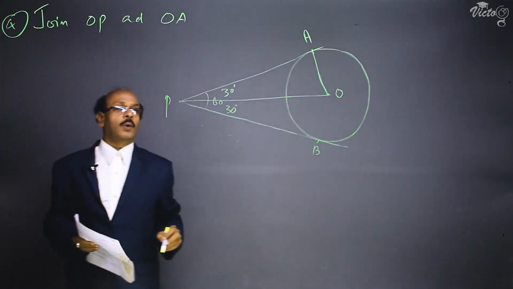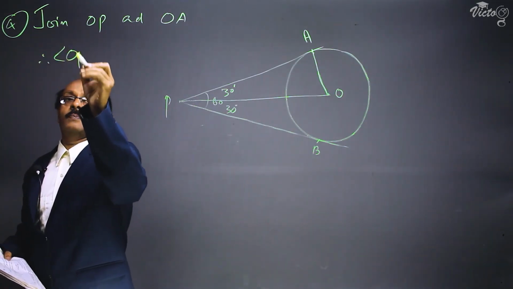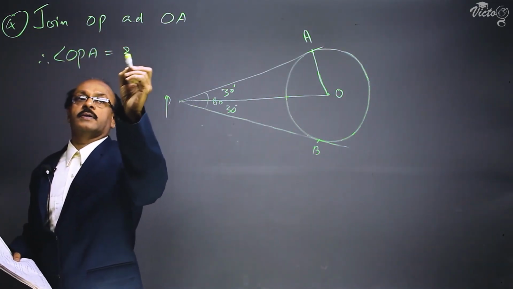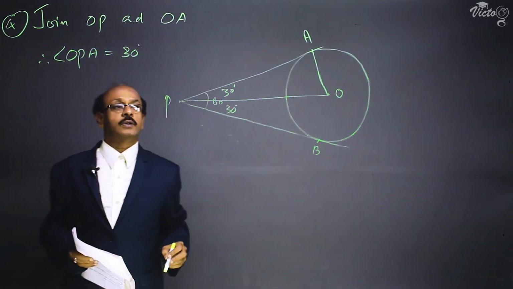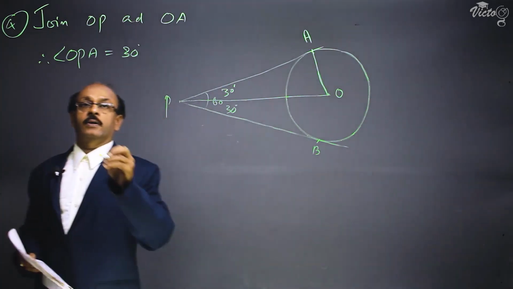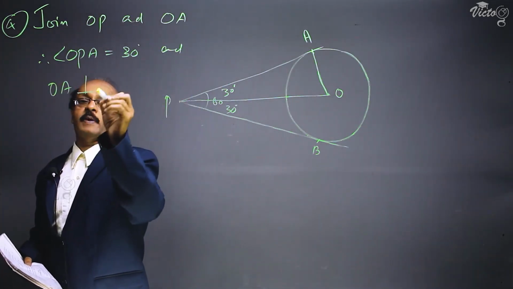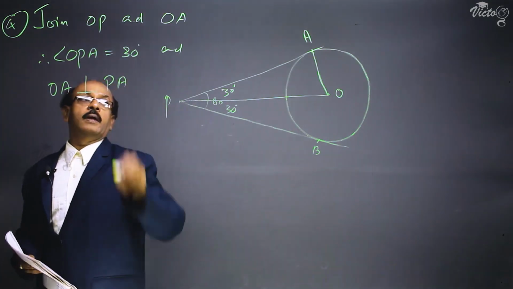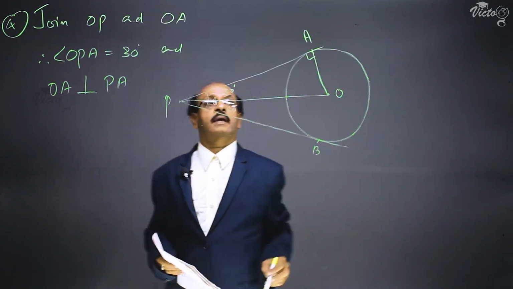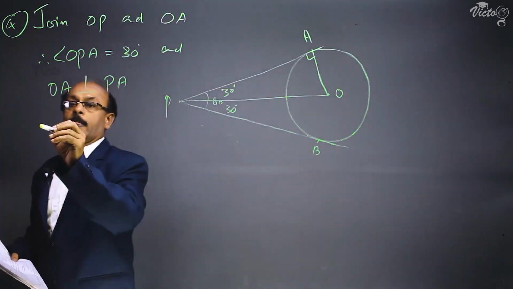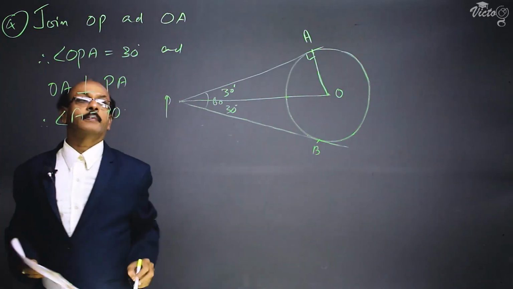Therefore, angle OPA is equal to 30 degrees and OA, PA are perpendicular to each other. OA is perpendicular to PA. Therefore, angle A is equal to 90 degrees. This angle is 90 degrees.